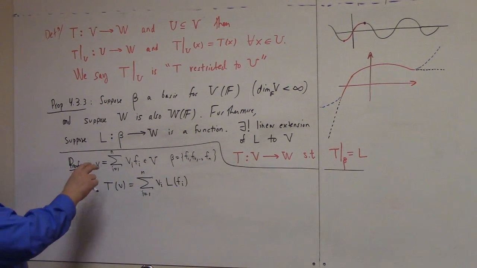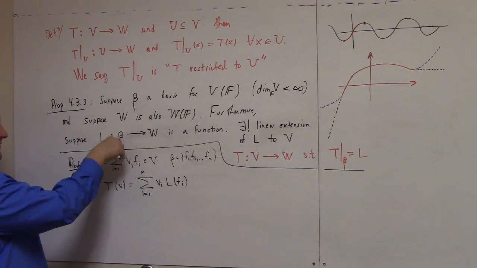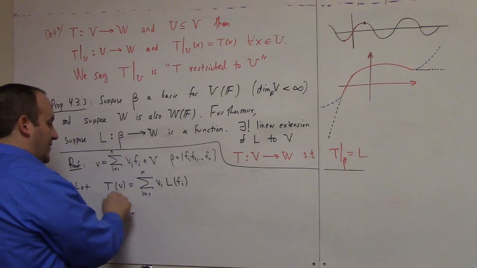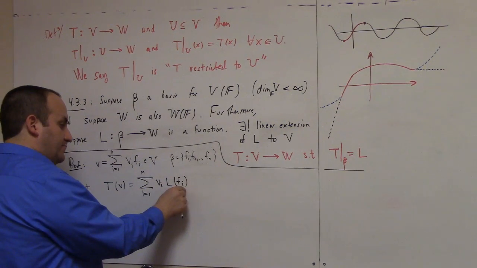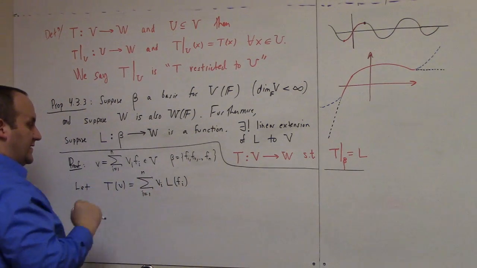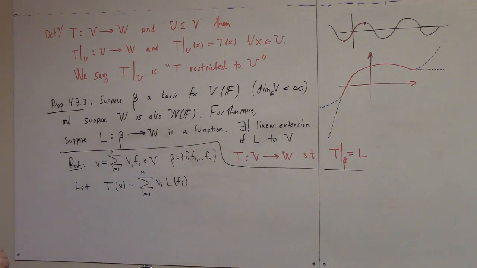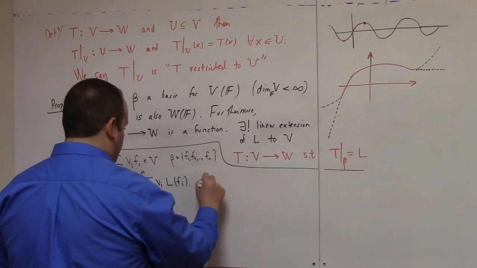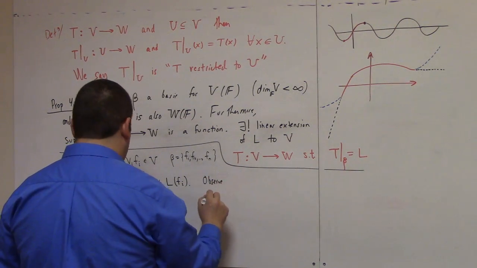I already know that L of something in the basis is defined and an element of W. So this formula makes sense at least. In other words, this L of f_i is an element of W for each thing in the basis. And so there you go. That's my proposed definition.